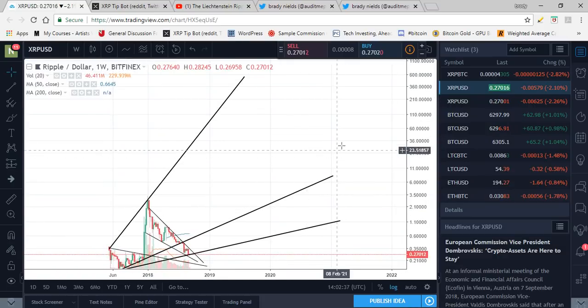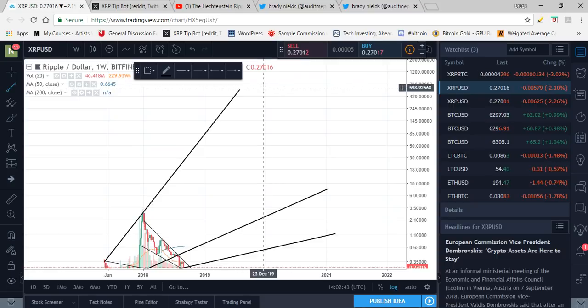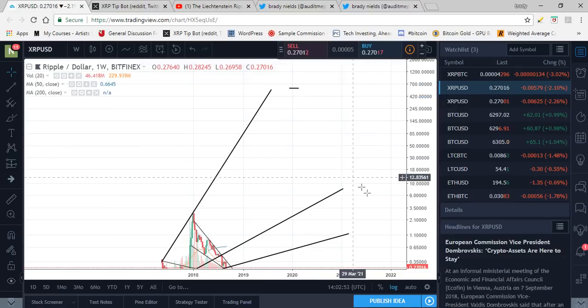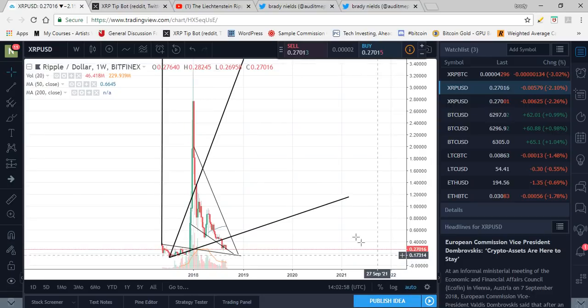All right, so 589. Let me mark where 598. So this mark is 588. When you remove the logarithmic function, you miss, I'm not technically sure, I think it's the exponential percentage gain. Essentially, you're looking at the whole picture in a linear scale.